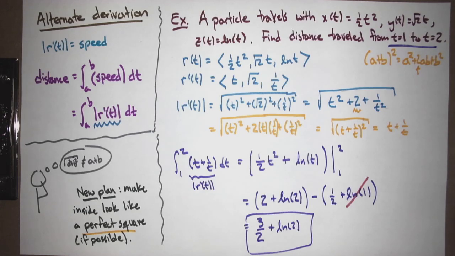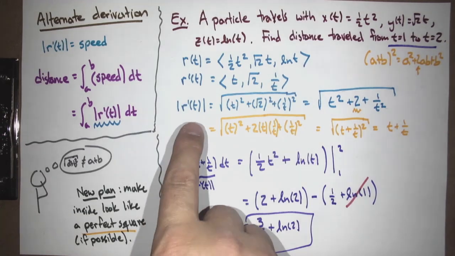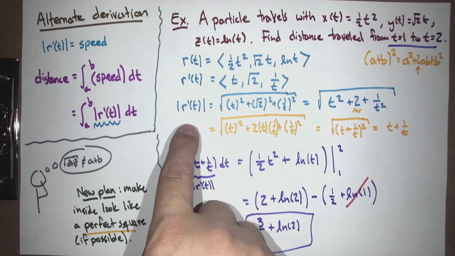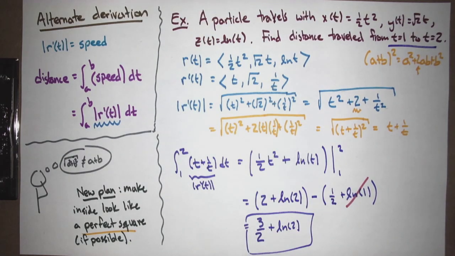So keep simplifying. The real goal here when we're computing the magnitude of r prime is to say, can we make this expression so simple that we can actually integrate it? Because integration is hard. I don't know if you've ever noticed that, but it's hard. And we can only integrate a couple of things. So our goal is to keep chipping away until you get down to something that you can work with.